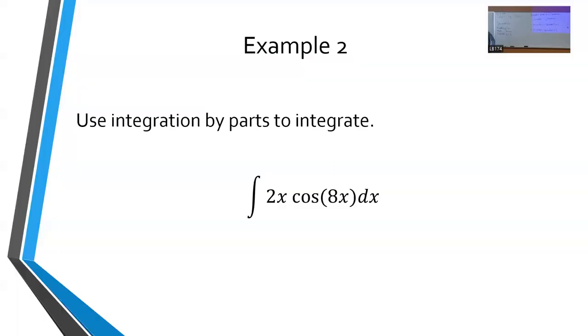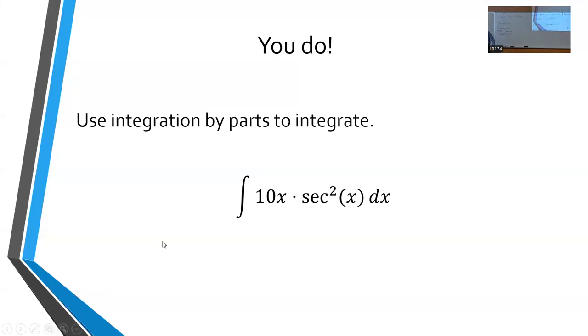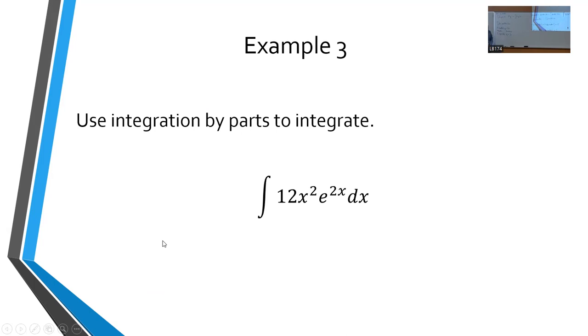If your polynomial was, for instance, quadratic, like 12x squared, it wouldn't go directly into a constant when we took a derivative. So let's integrate 12x squared times e to the 2x with respect to x.